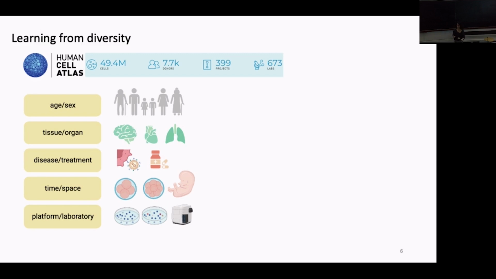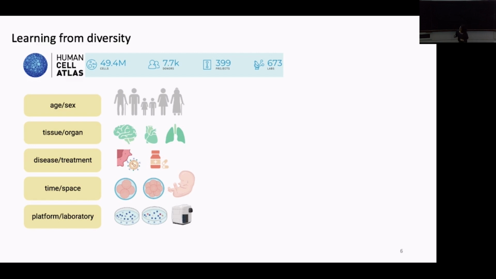These samples might come from different organs or tissue. The individuals might have different diseases or be going through different treatments. And sometimes, if we have developmental samples, for example during the embryo, then we also have other covariates like time or space that make these samples different from each other.